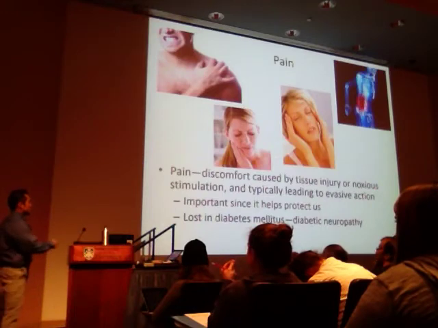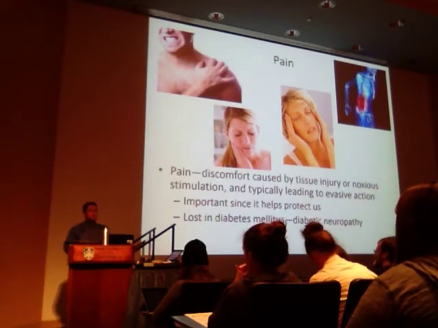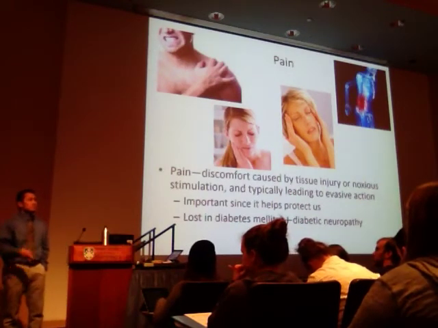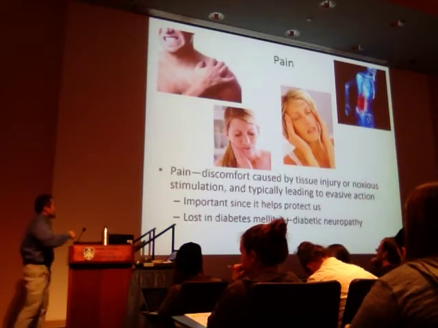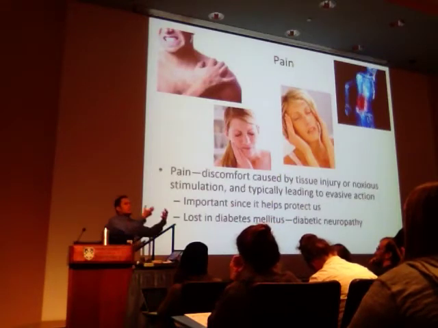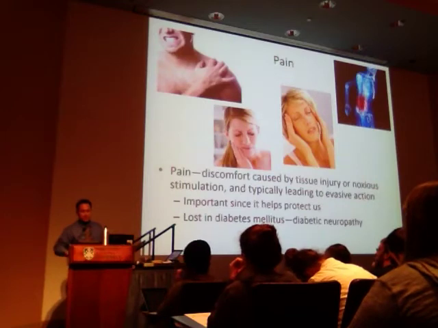And in the worst case scenarios, we might have to actually amputate that region, whether it's a toe or a foot or even the lower limb. Okay? So this is just an example to prove to you that being able to detect pain is actually valuable to us as an organism.